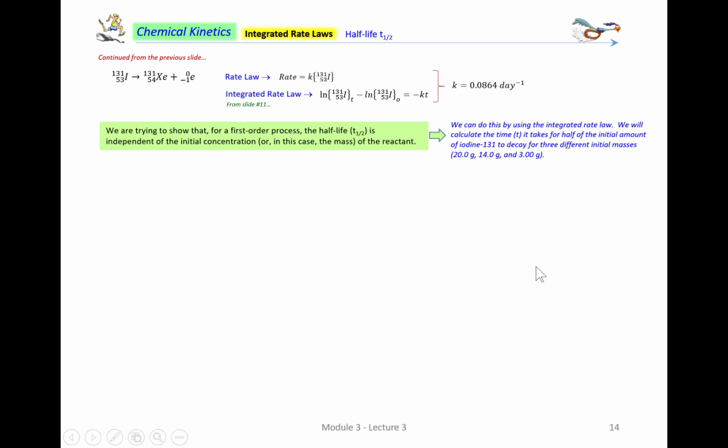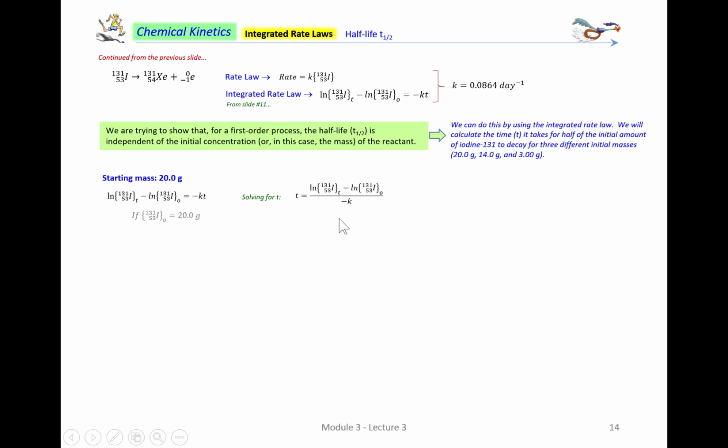Let's try this out. If we start with 20 grams and we use the integrated rate law, we'd say the natural log of the amount left at some future time t minus the natural log of the initial amount equals minus kt. If we solve for t, for time, we'd have this expression.